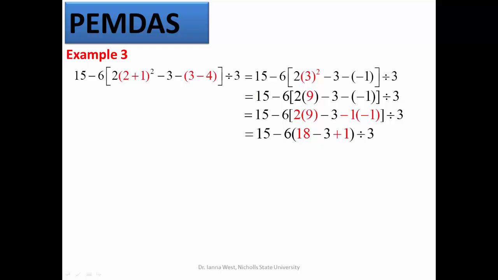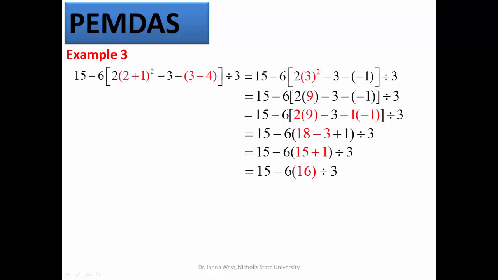Therefore, we will first subtract 3 from 18, giving us 15. The last operation inside of the parentheses is 15 plus 1. When we add 15 plus 1, we get 16. Now we have reduced the entire expression that was inside of the braces to the number 16.